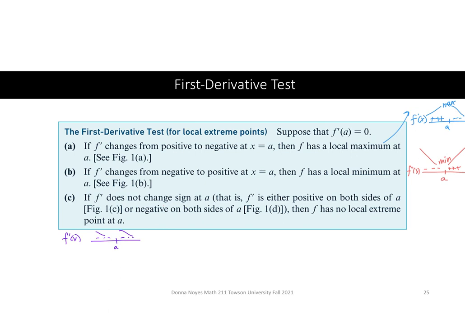Well, that might come from a function that maybe isn't continuous everywhere. Maybe it's always decreasing. So if we looked at 1 over x, it's always getting smaller, and then it has a jump at 0, and then it's still always getting smaller.